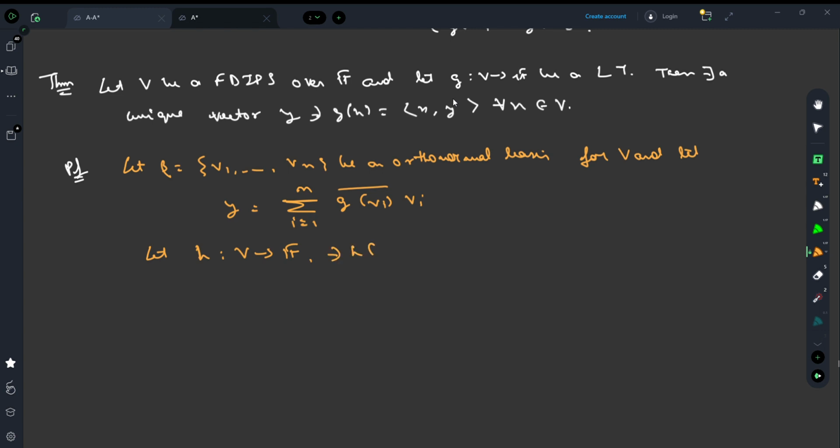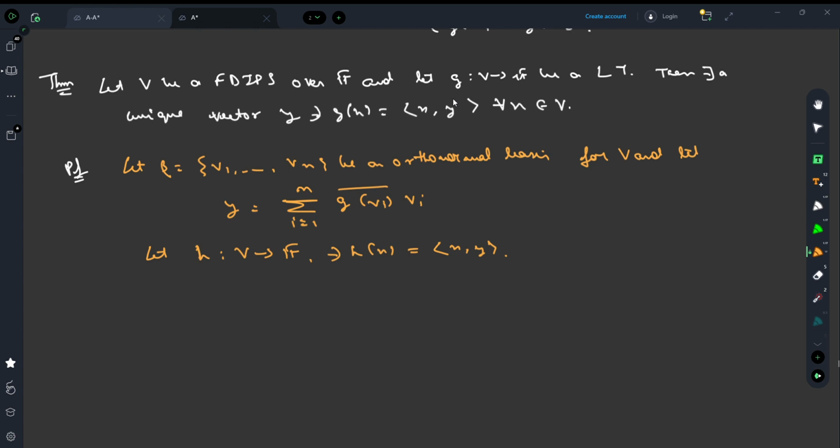Now what we do is that we consider a linear transformation. Let h be a linear functional from V to F, such that h of x is given as the inner product of x with y. We have to show that h equals g.